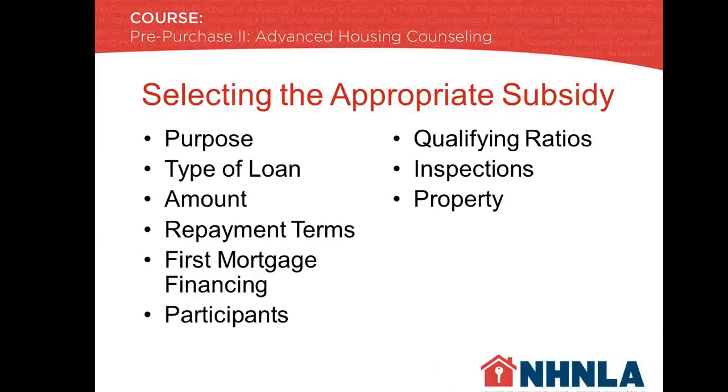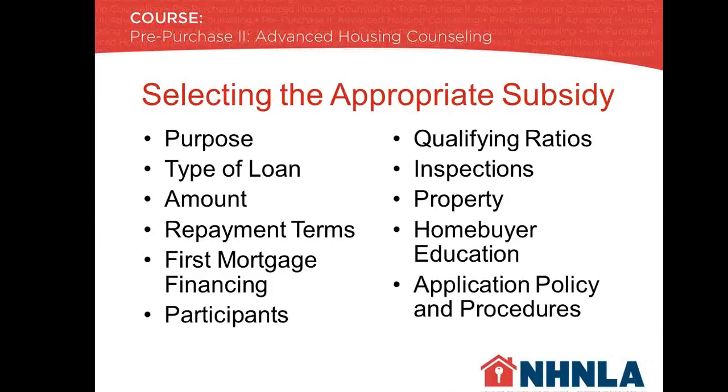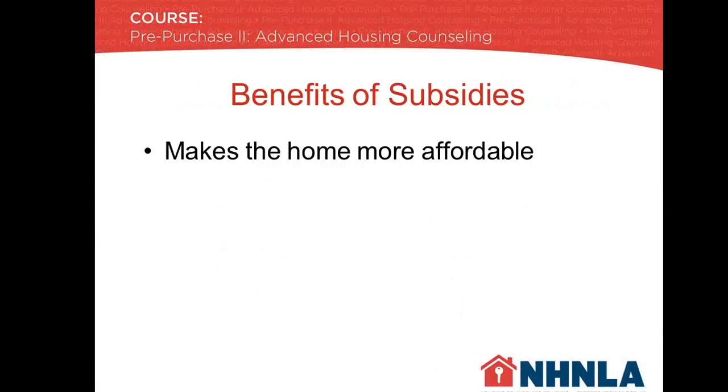Also, only certain property types may be permitted for purchase. Some types, such as maybe mobile homes or other homes, may not be allowed. Check to see whether home buyer education is required by an agency. That's often the case. And make sure you understand the application policy and procedures.